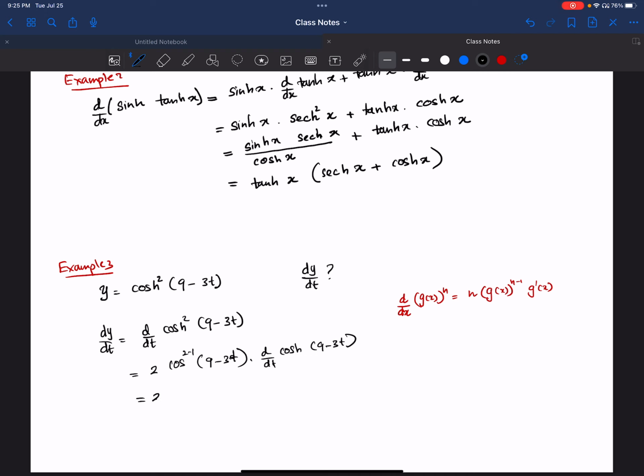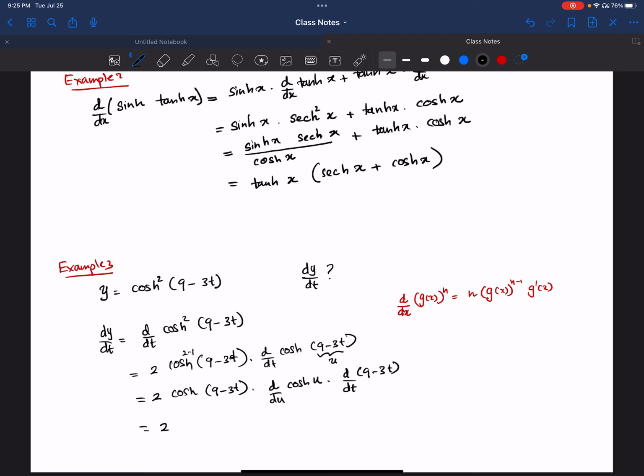And with that, you get 2 times cosh of 9 minus 3t. And then I can put this as u, and then taking the chain rule, d over du cosh u times d over dt of 9 minus 3t, because u is 9 minus 3t.